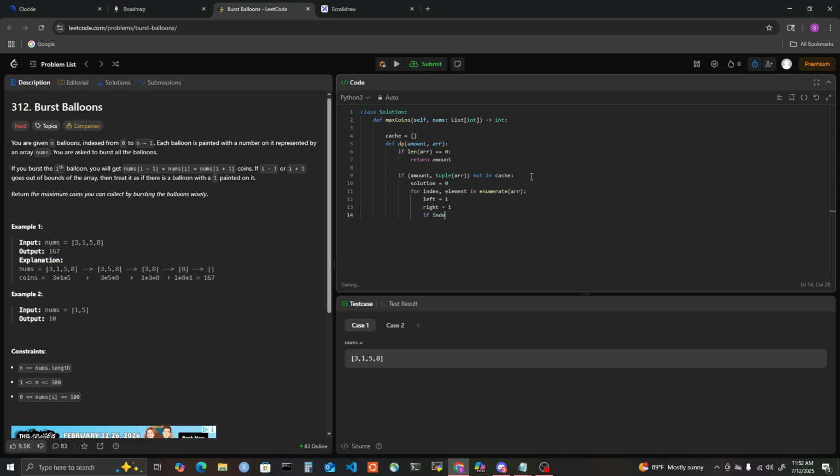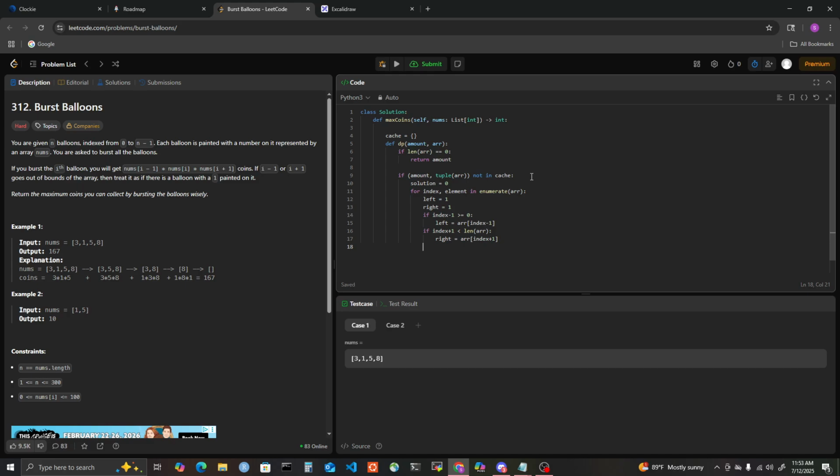If index minus 1 is greater than or equal to 0, sorry, then left equals array of index minus 1. If index plus 1 is less than the length of the current array, then right equals array of index plus 1.